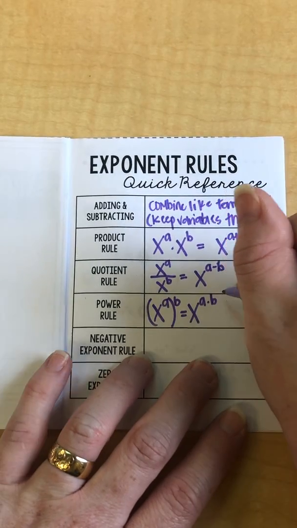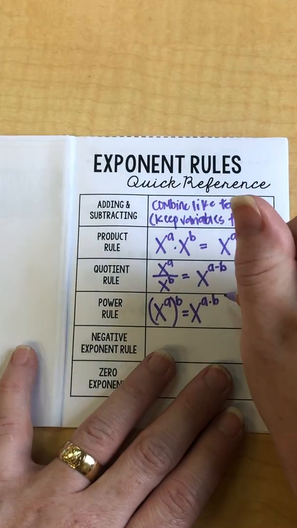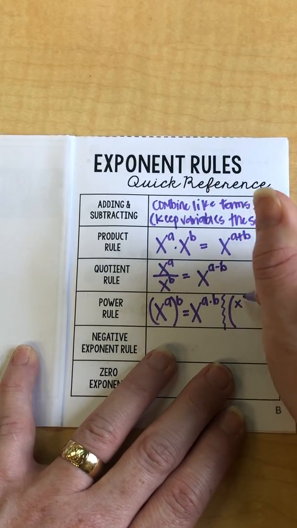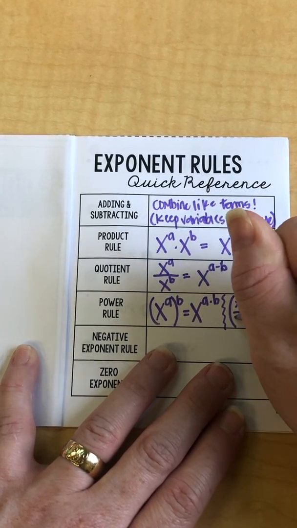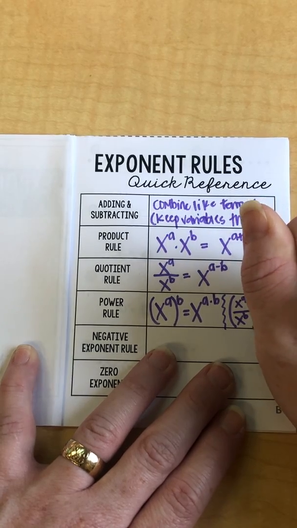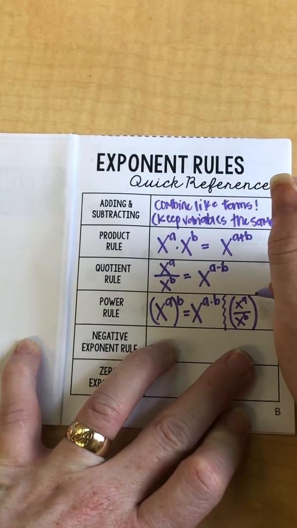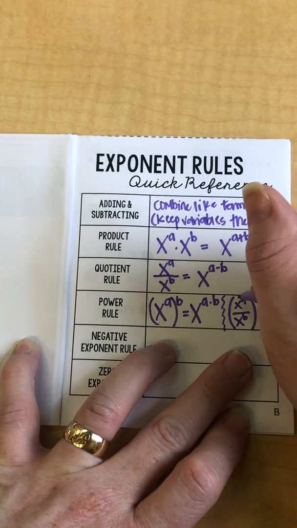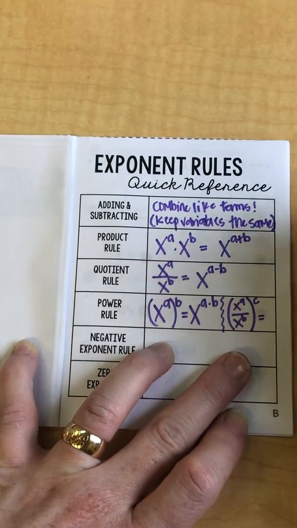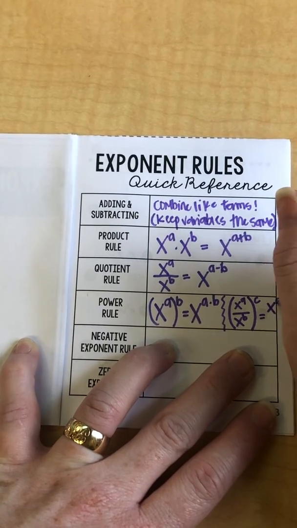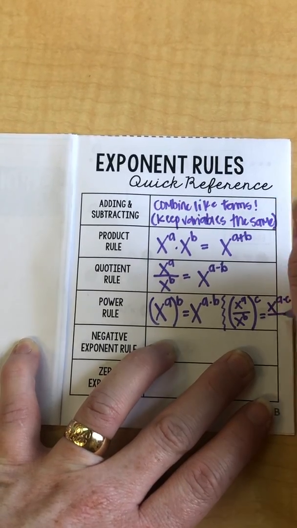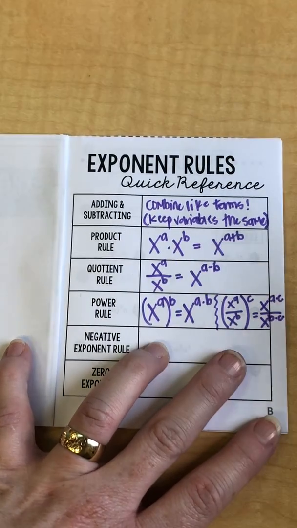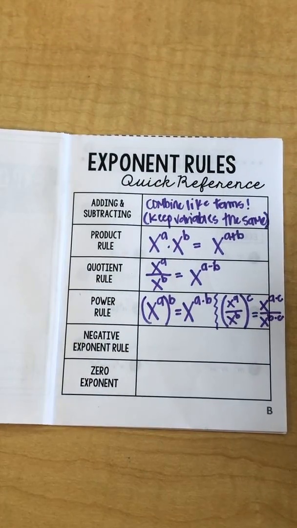Okay, and also, I want to be very careful to remember that if I have x to the a power divided by x to the b power, and I have an exponent out here, let's say c, I'm going to make sure that I distribute that right here. So x to the a times c over x to the b times c. And if I could simplify that in the end, that would be very good to do.